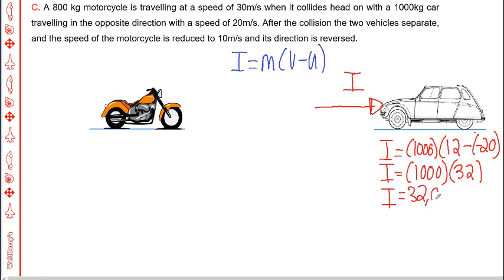So 32,000 newton seconds, which is the units of impulse.